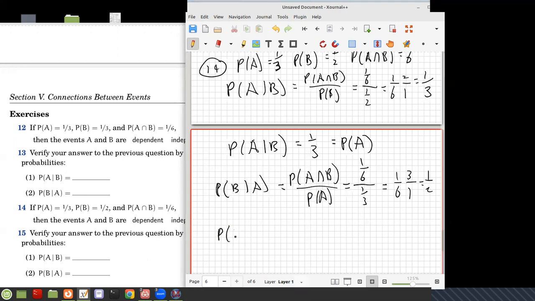So the probability of B given A equals 1/2, but that equals the probability of B. So even though the numbers here are different, in other words, somehow A and B are independent.